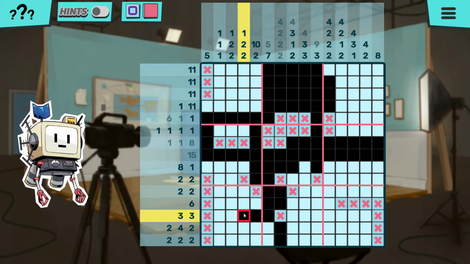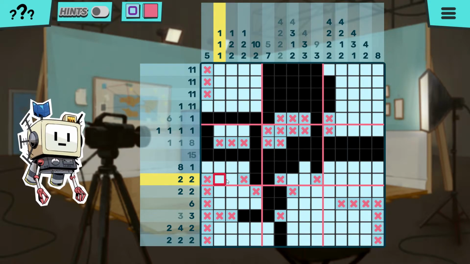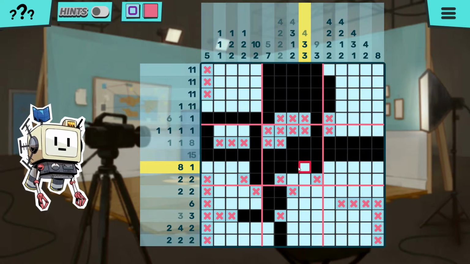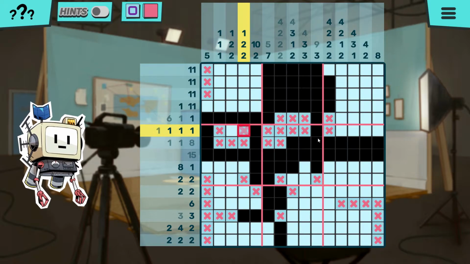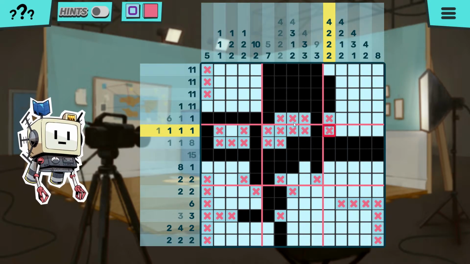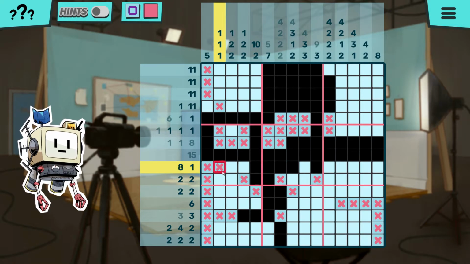Okay, this needs to be a 3, this needs to be blank. Because we, no, yeah, okay. These are all 1s. These are all 1s as well. Okay, so this needs to be blank too.